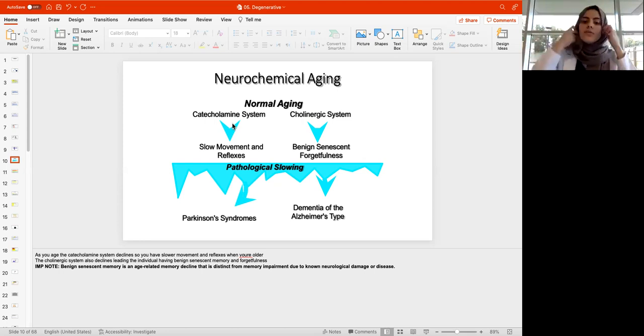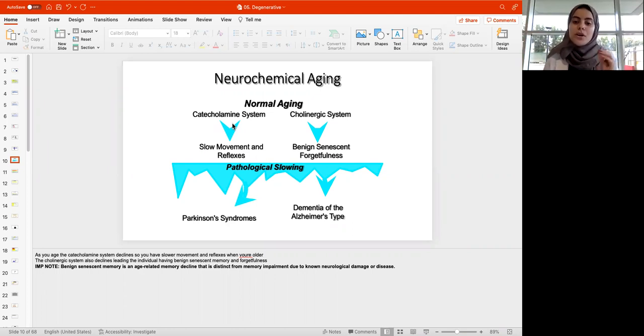The cholinergic system is more related to your brain. Our brain depends highly on the cholinergic system for memories and cognition. Once they start to decline, you'll end up with benign senescence, which is age-related memory decline. That's the exact definition of benign senescence. They start to have memory problems and forgetfulness.